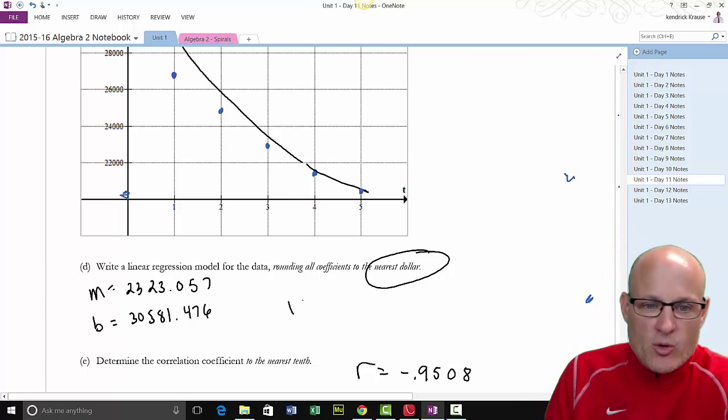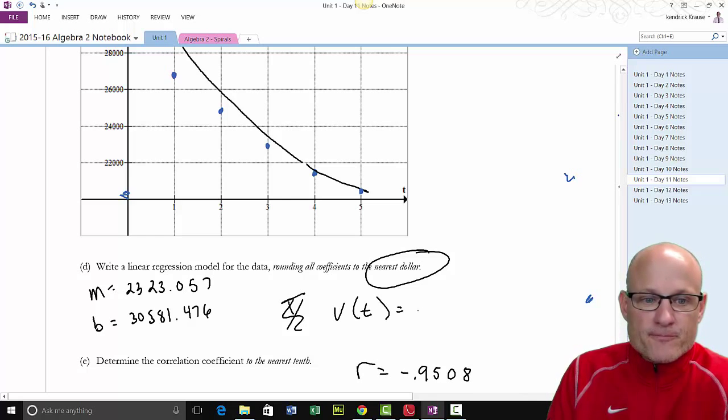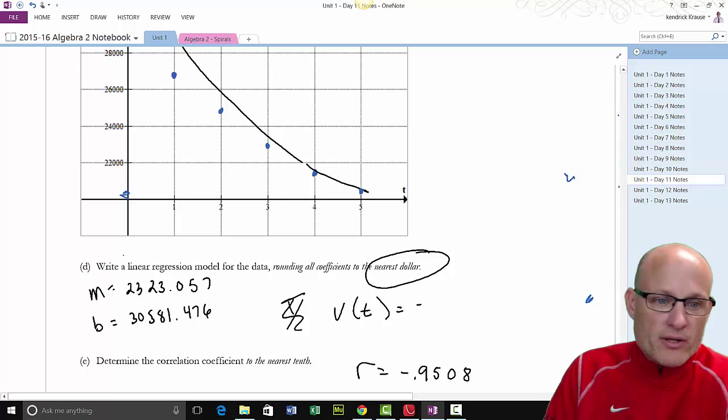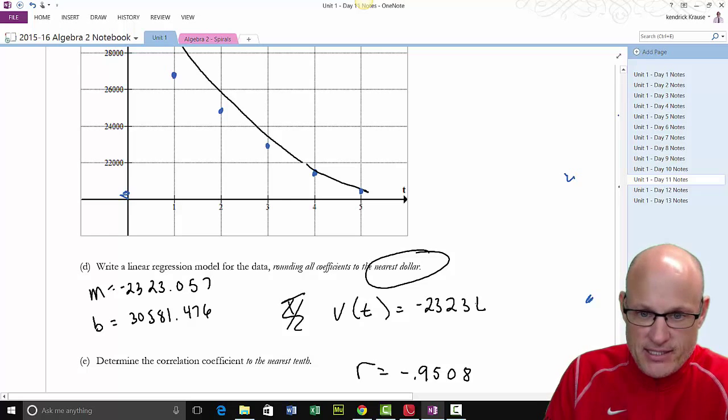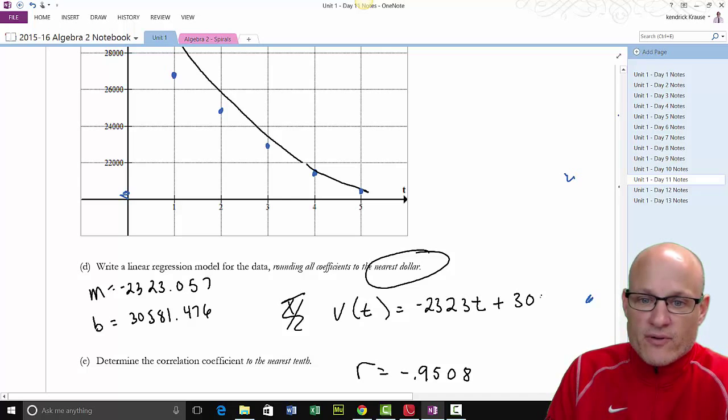All right, so my equation, rounded to the nearest dollar, is value of t equals negative 23t plus 30,581.